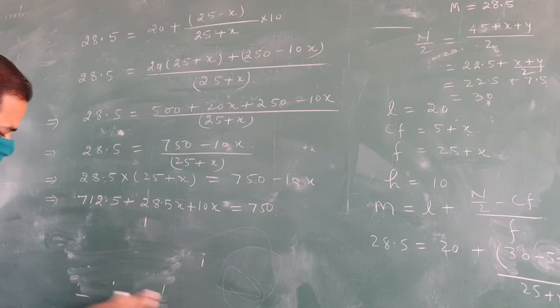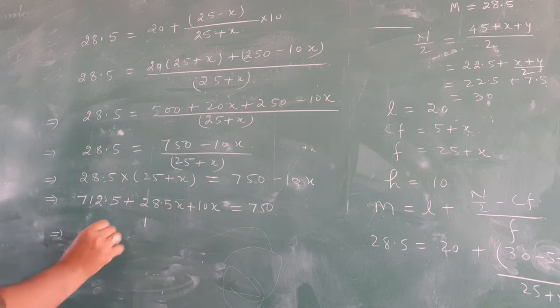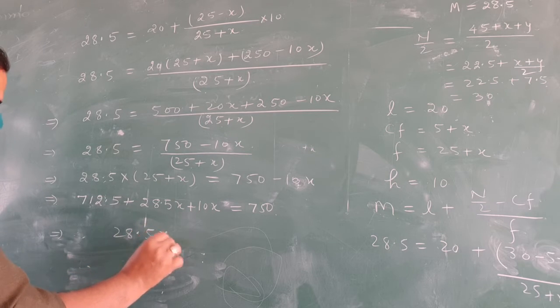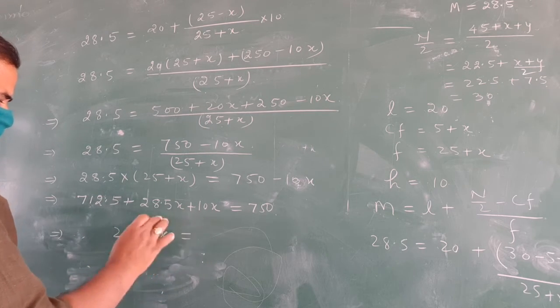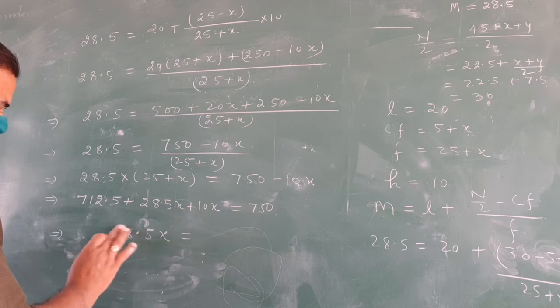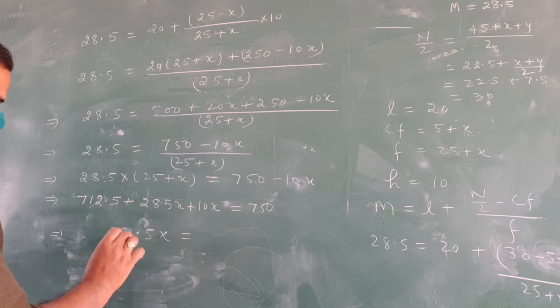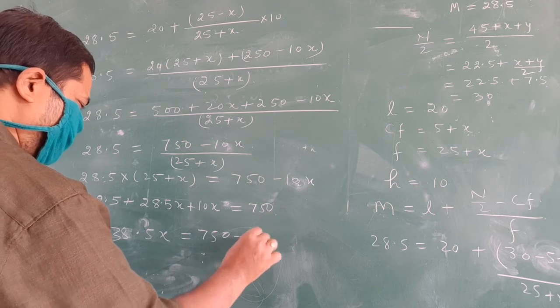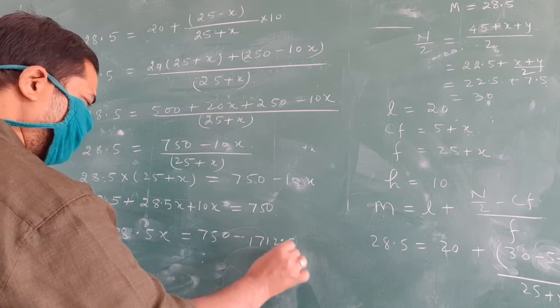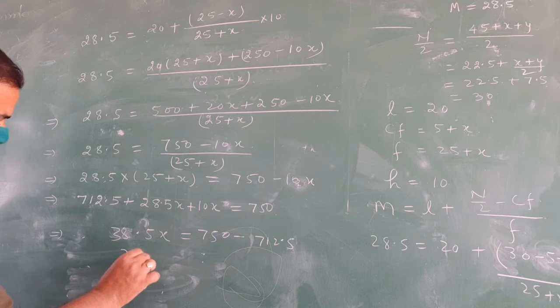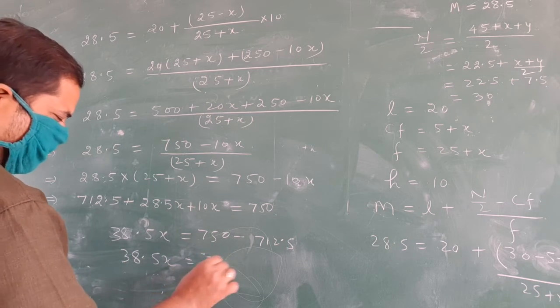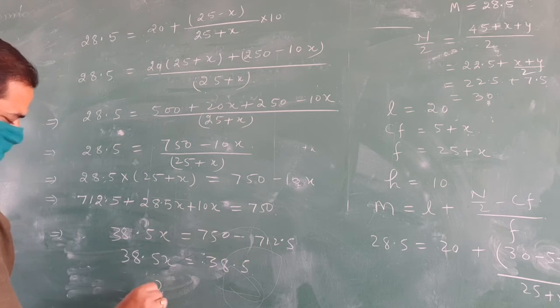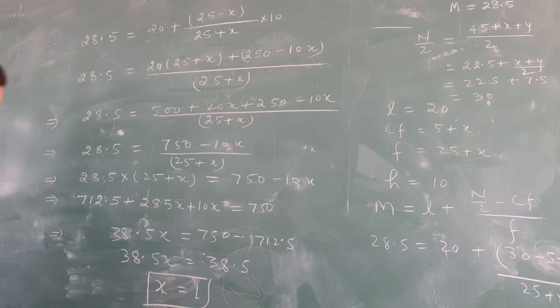So if you solve this, you will get 38.5x equals 750 minus 712.5, which is 38.5 only. So x will be, and y is 14. The answer is not right.